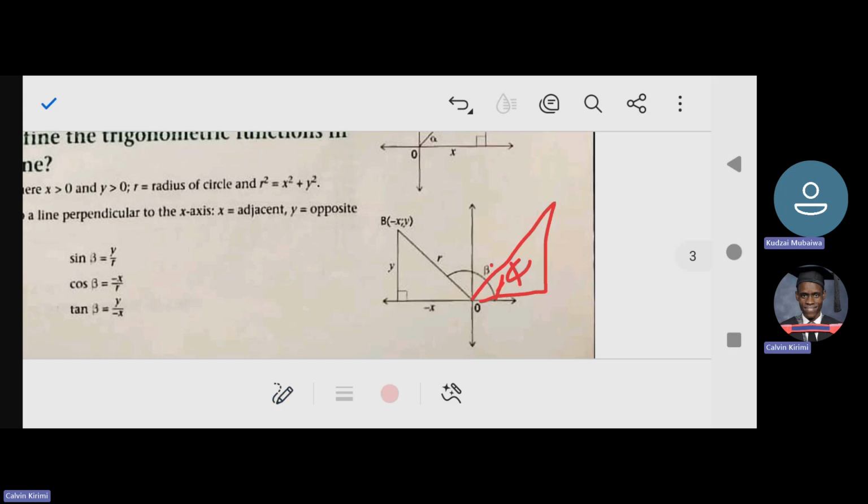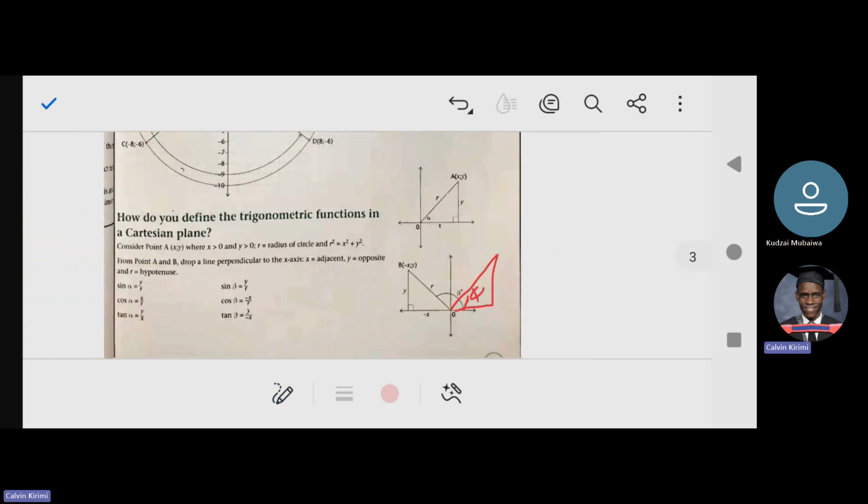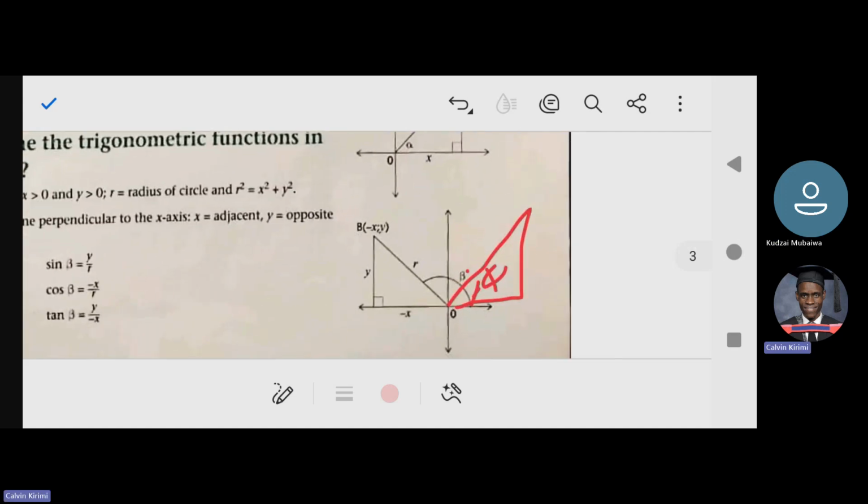What is an acute angle? An angle less than 90 degrees. When your alpha is acute, it means all the trig functions, sine alpha, tan alpha, are all positive. That's why we say all trig functions are positive.